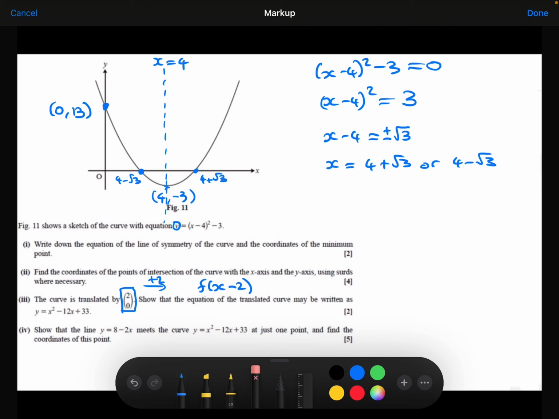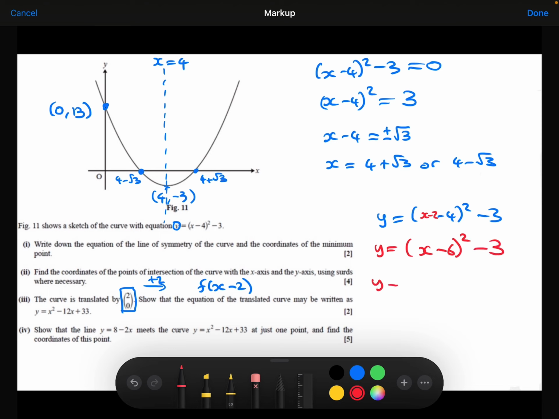So that means I can take my original function, let me write down the original function, and instead of having an x here, I'm going to replace that with an x minus 2. Which we can then simplify. So that minus 2 minus 4 is minus 6.